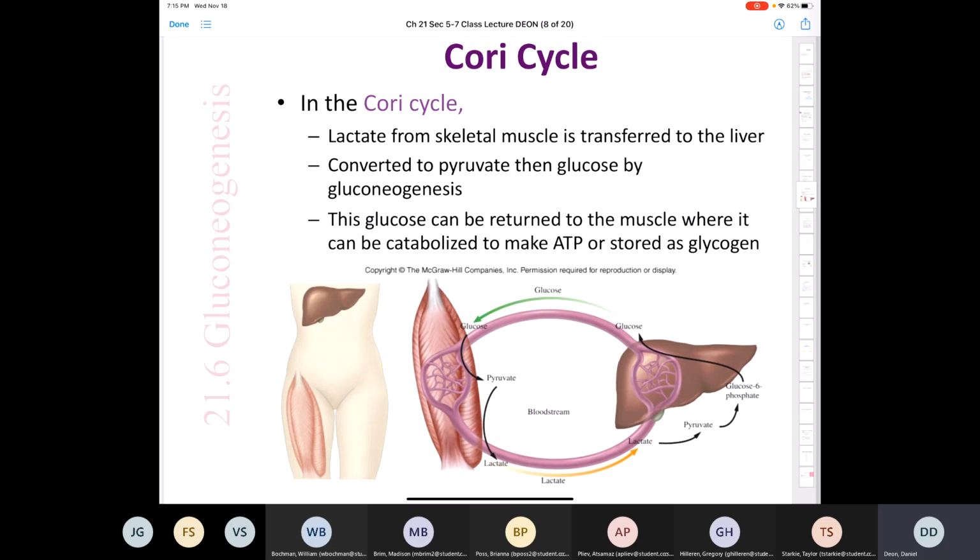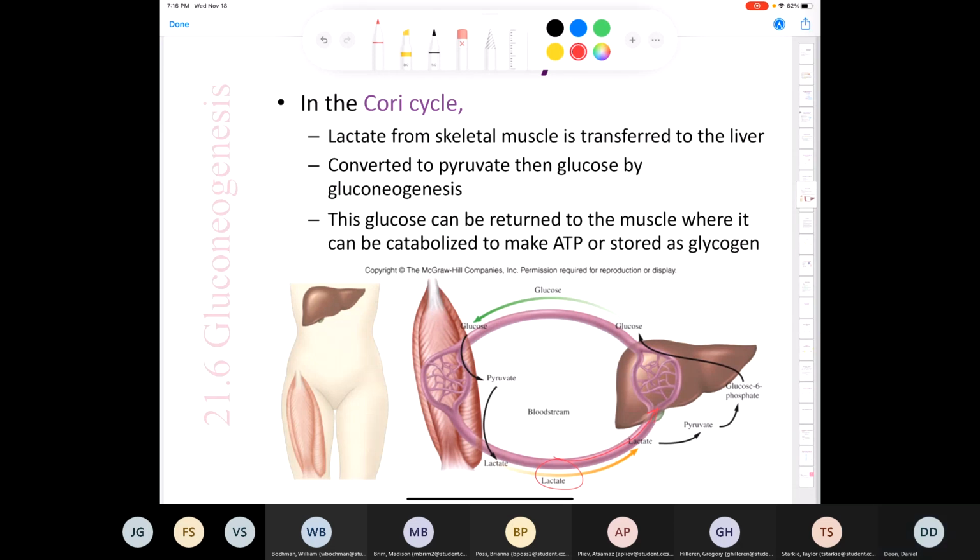So let's follow it here. Lactate is going to get transferred into the liver, into our gluconeogenesis, and gluconeogenesis is going to occur in the liver. So our lactate is going to get converted into pyruvate, finally G6P, after all the steps of gluconeogenesis.